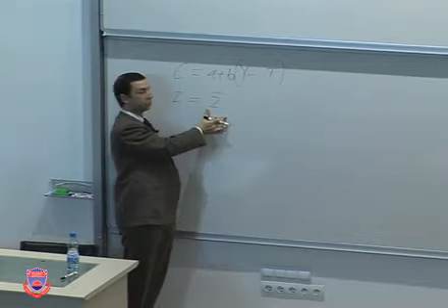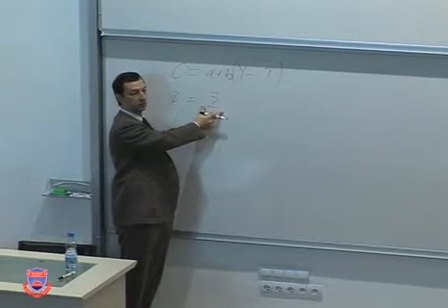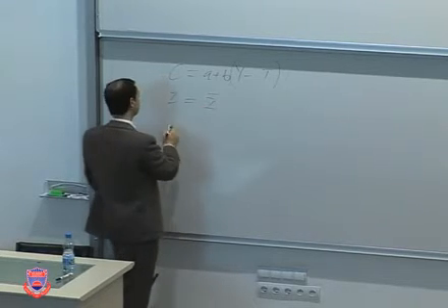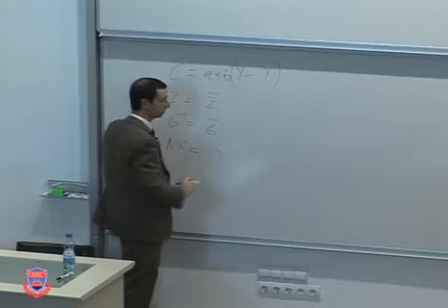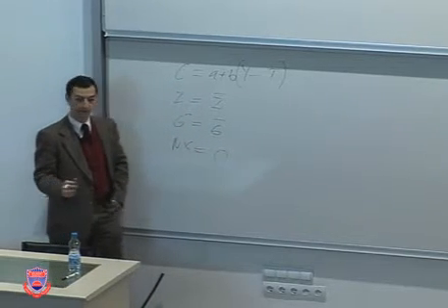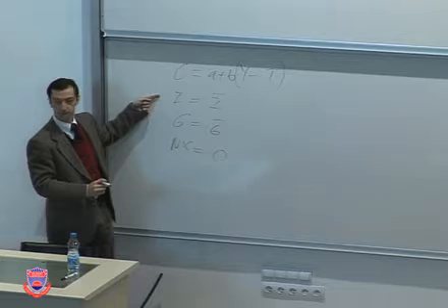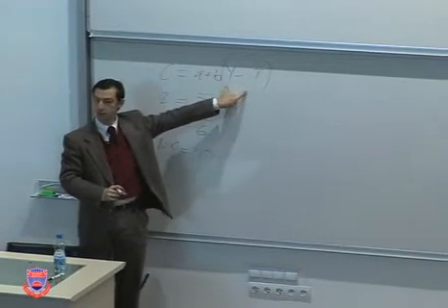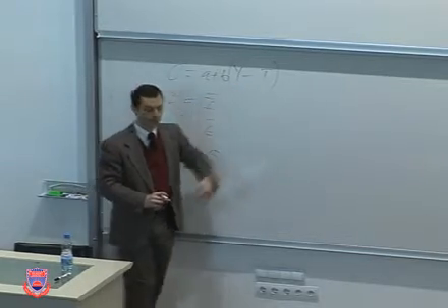I'm assuming investment is constant at some level, I bar, so this is a number, 576. Government spending is constant, and let's have net exports equal to 0. This is a closed economy with a constant government spending, constant investment spending, and consumption given by disposable income. Agreed?